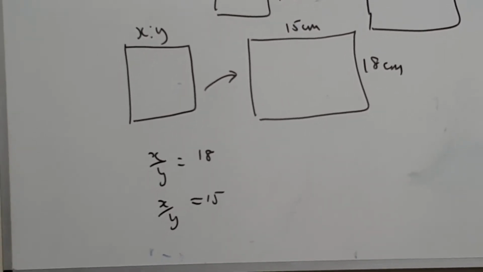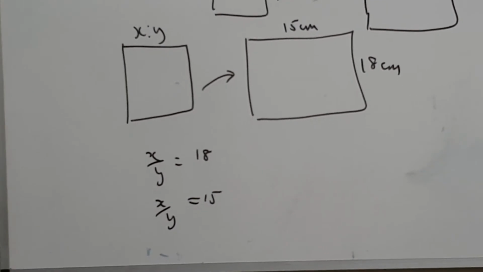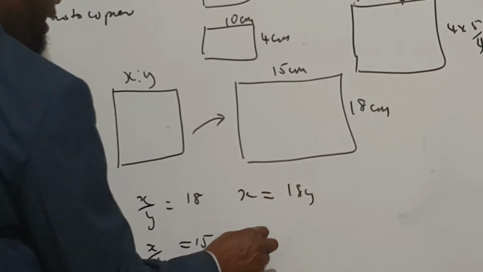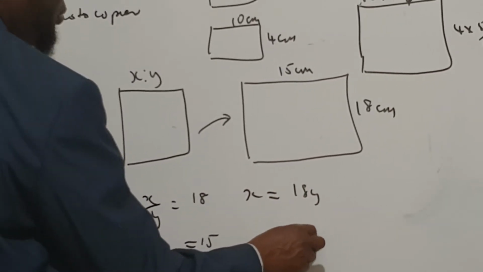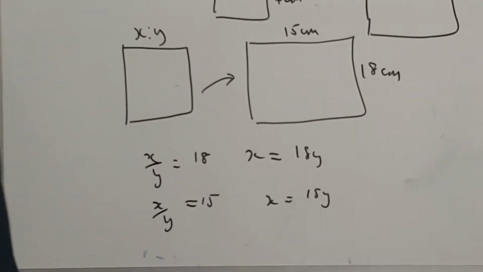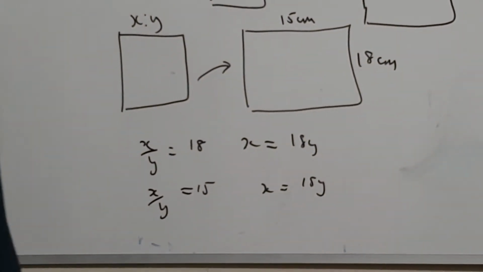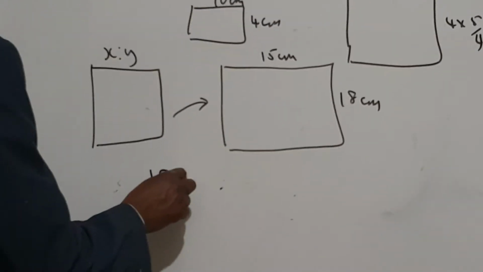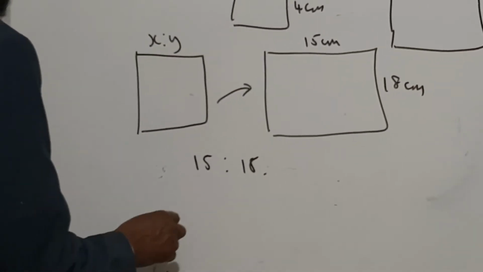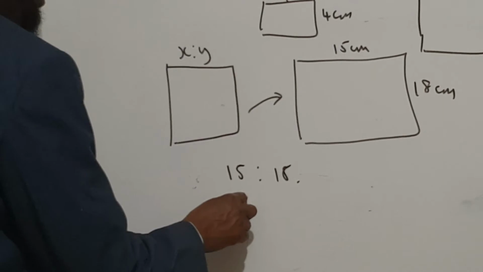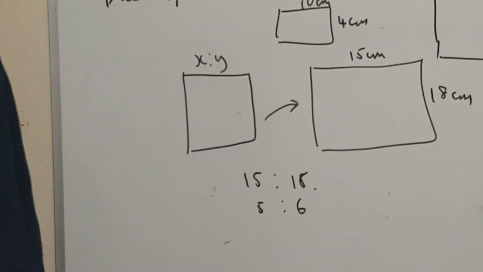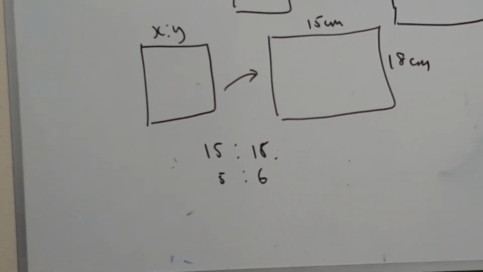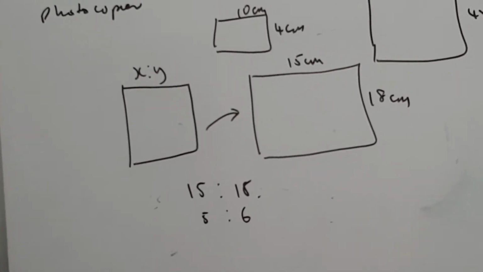Isn't x over y the ratio? So here x is equal to 15y and there x is equal to 18y. But if you look at it, it should be 15 is to 18, so this is 5:6.